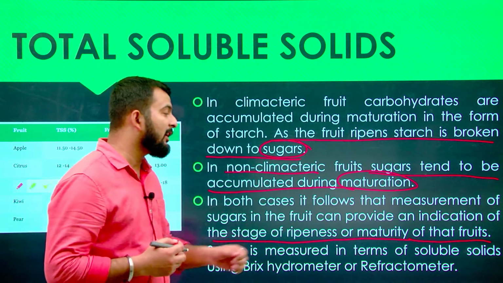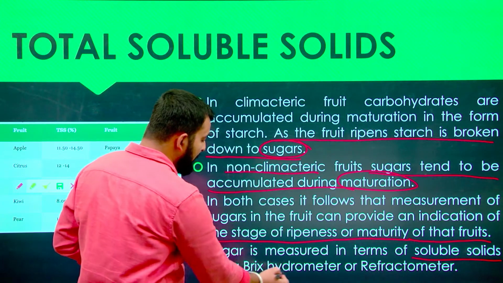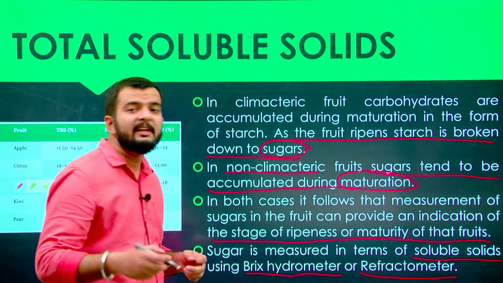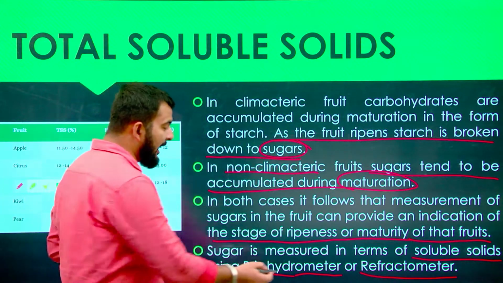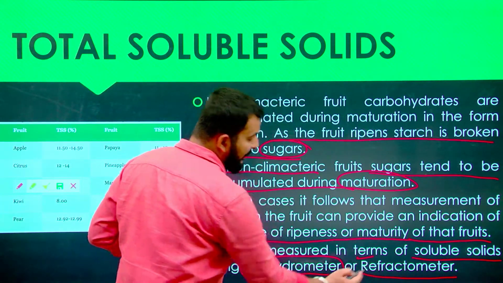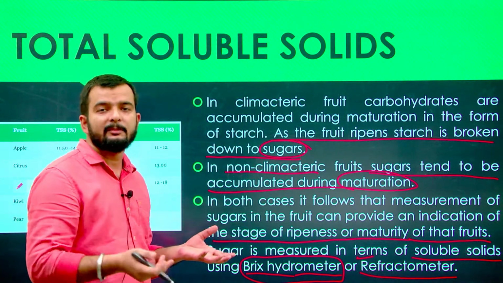Sugar is measured in terms of soluble sugars or soluble solids using a Brix hydrometer or a refractometer. That is, there is an instrument called a hydrometer, Brix hydrometer, or a refractometer. So, you can utilize these instruments to measure the total soluble solids of any juicy or liquid substance.